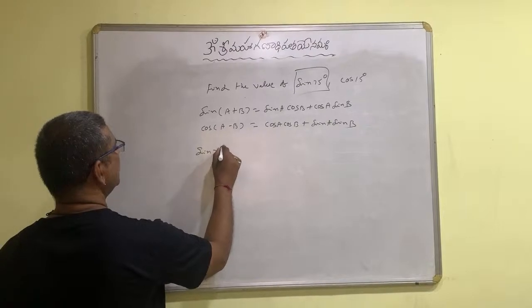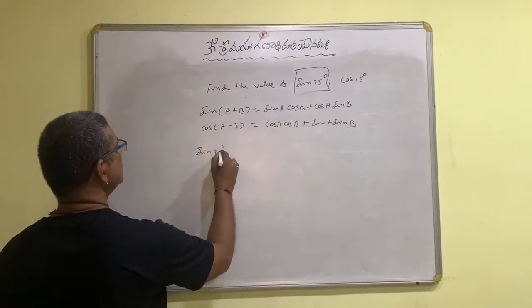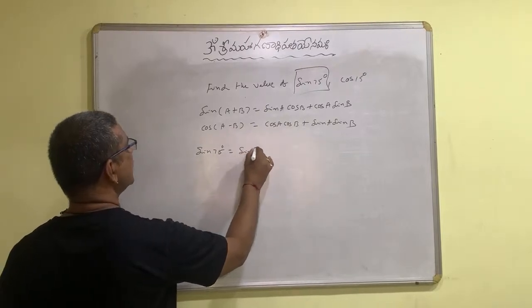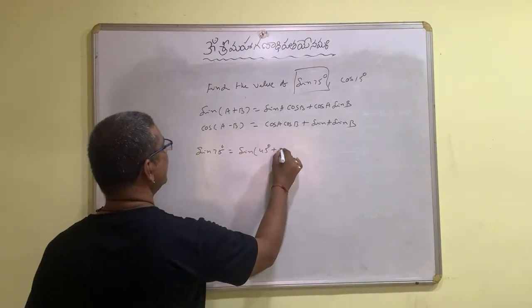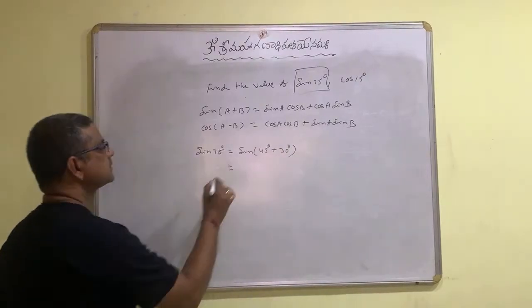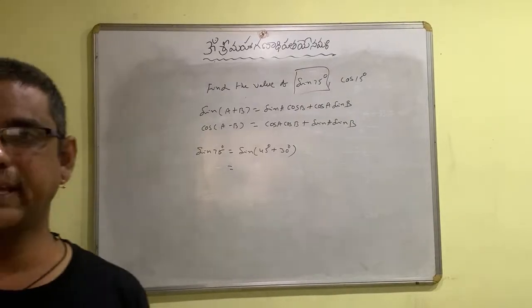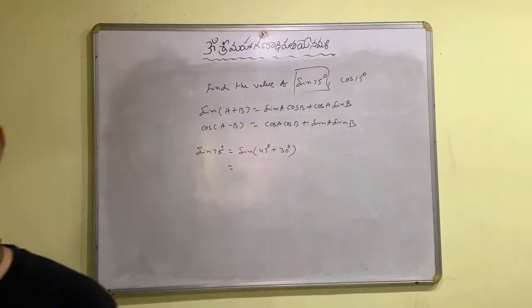Sine 75 degrees, split it into sine of 45 degrees plus 30 degrees. Okay?